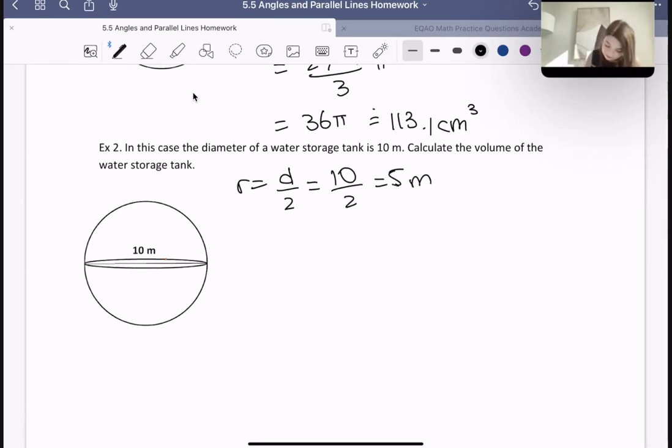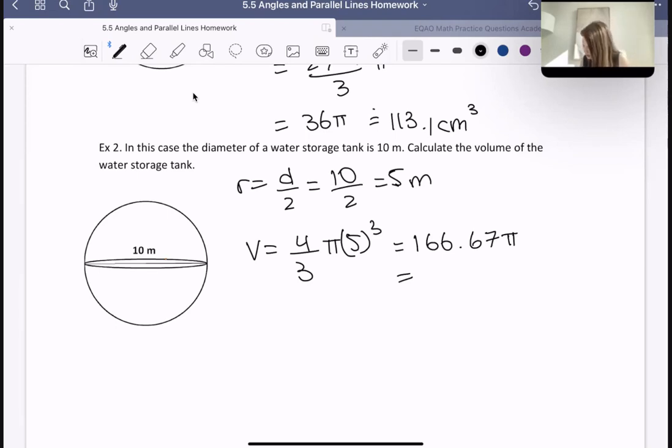So therefore, the volume is going to be 4 over 3 pi 5 cubed, which is equal to, well, 5 cubed is 125 times 4, divided by 3, is going to give us 166.67 pi, which is about 523.6 meters cubed.